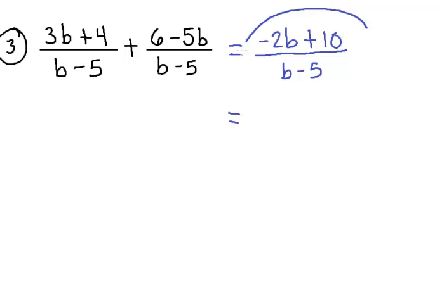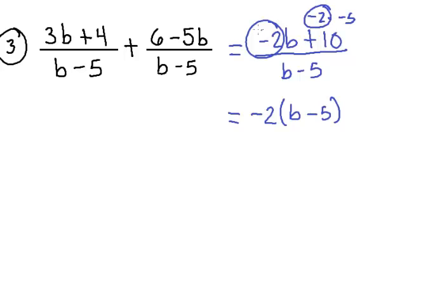Now, in this case, I can simplify this. This is not the answer because I can factor the numerator, and that is going to allow me to cancel things. If I factor minus 2b plus 10, the answer will be minus 2 times b minus 5. I will see that the minus 2 repeats in both terms. Minus 2 is here, and 10 is minus 2 times minus 5.